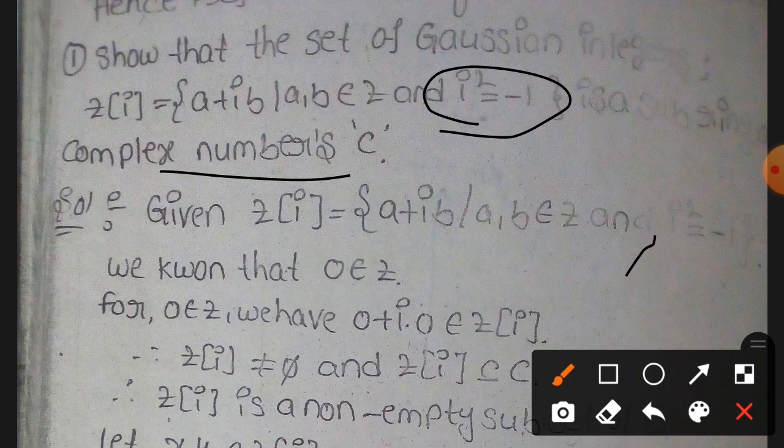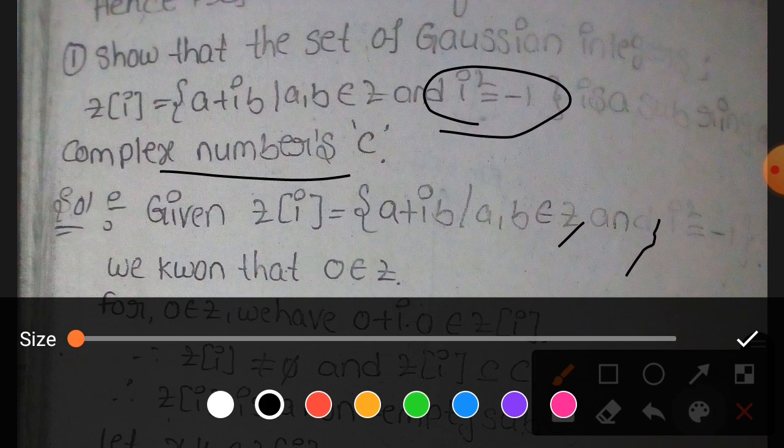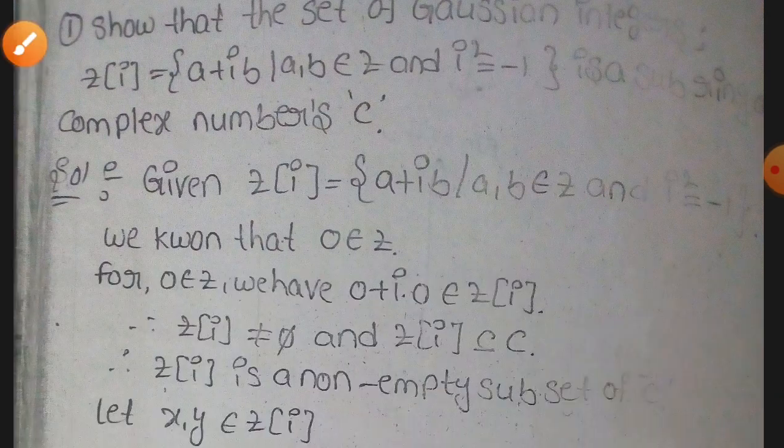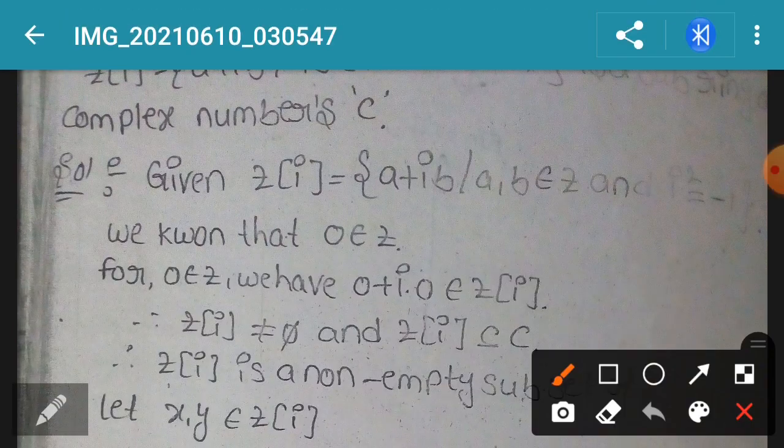To show it is a subring, first of all we have to say that it is not an empty set, and mention that it is a subset of R, and then prove the two subring conditions using the theorem.